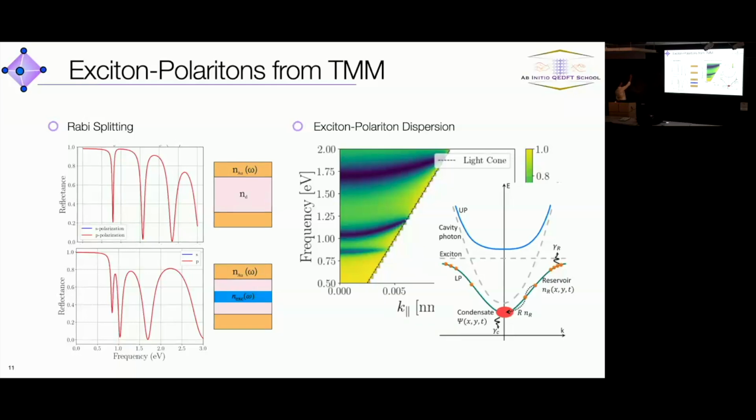But if you look at the excitonic dispersion, I mean, the exciton is a free particle, right? So it has to go as k squared, proportional to k squared divided by 2m.